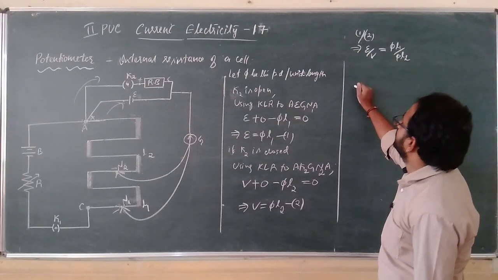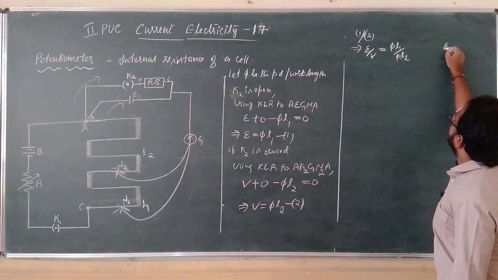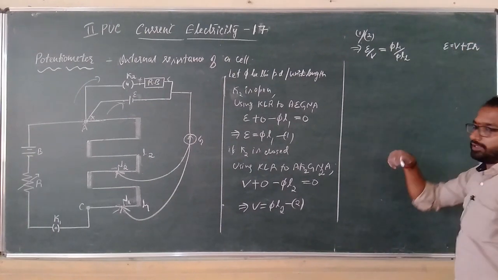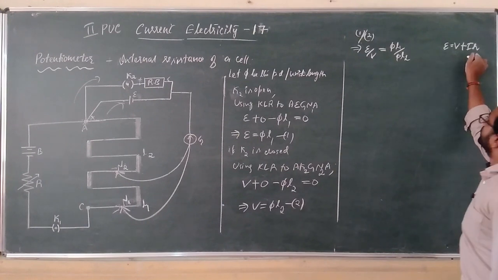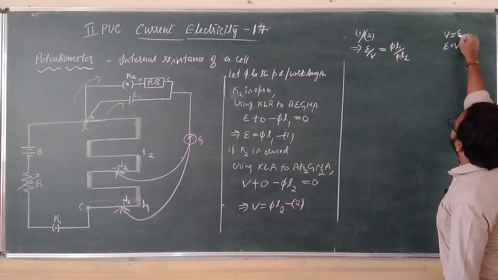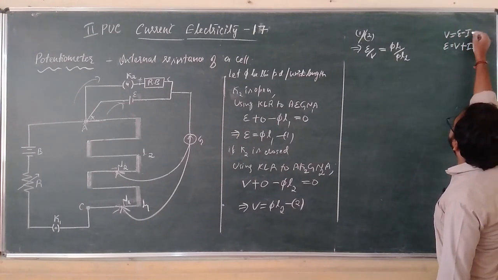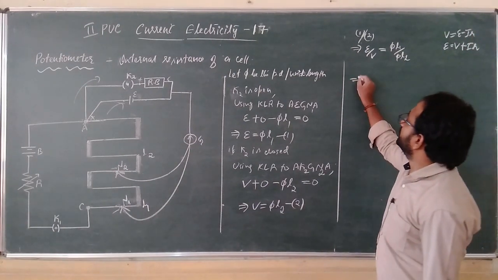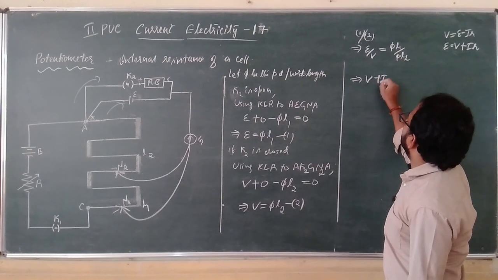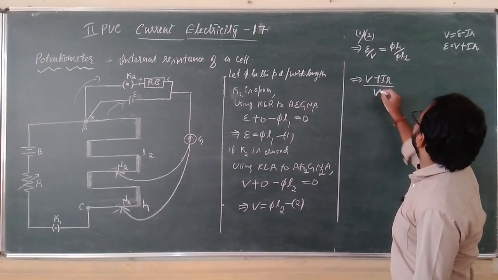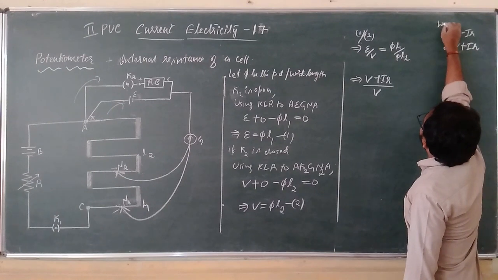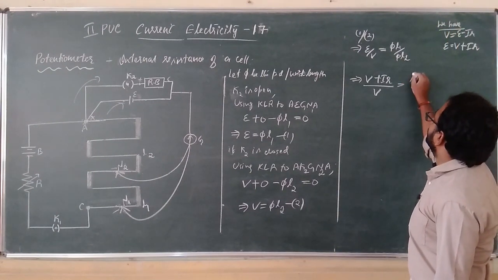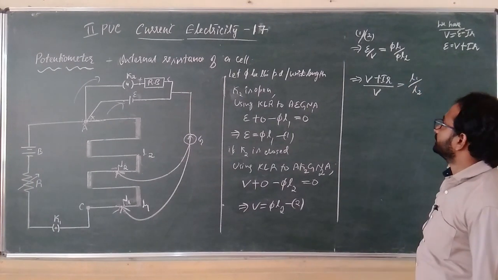The EMF of the cell and the terminal potential difference are related by this equation, because terminal potential difference V is equal to E minus Ir. So therefore E is equal to V plus Ir. This implies V plus Ir by V is equal to L1 by L2.